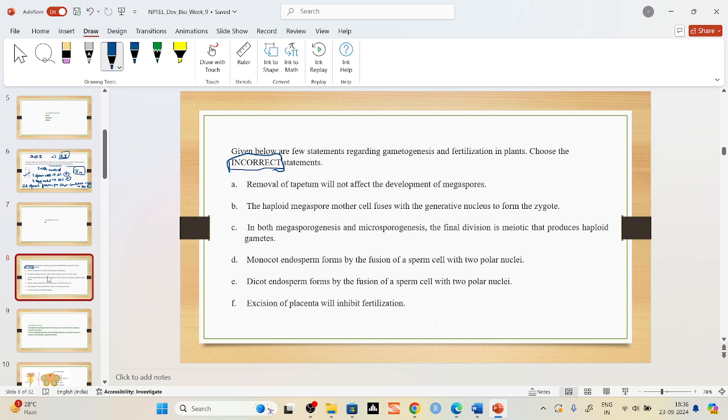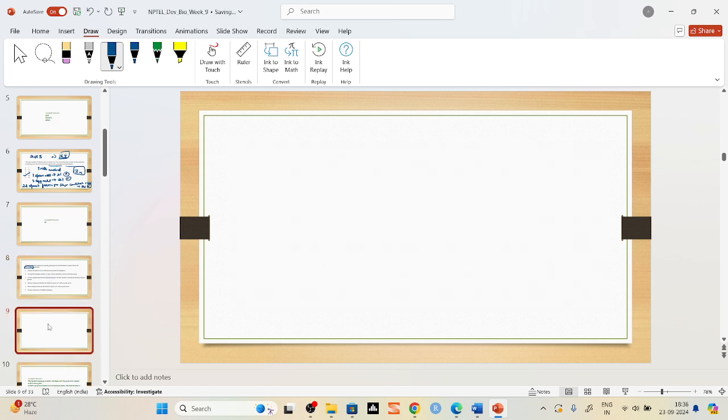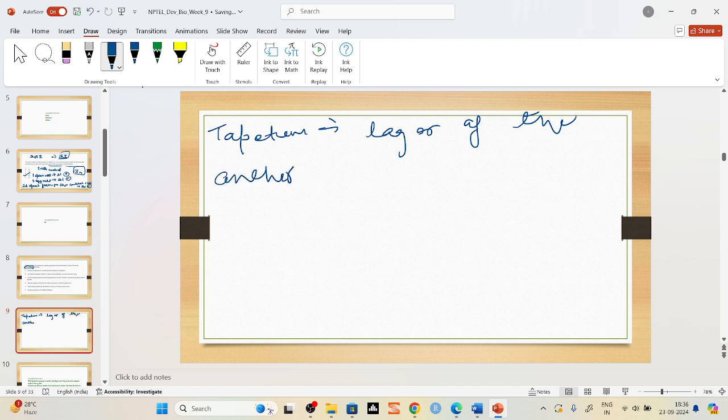If I ask what is tapetum, this is the innermost layer of the anther wall, and it provides nutrients to the developing pollen grain.